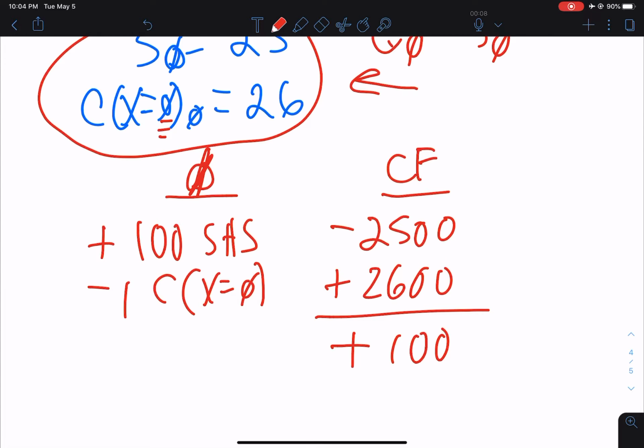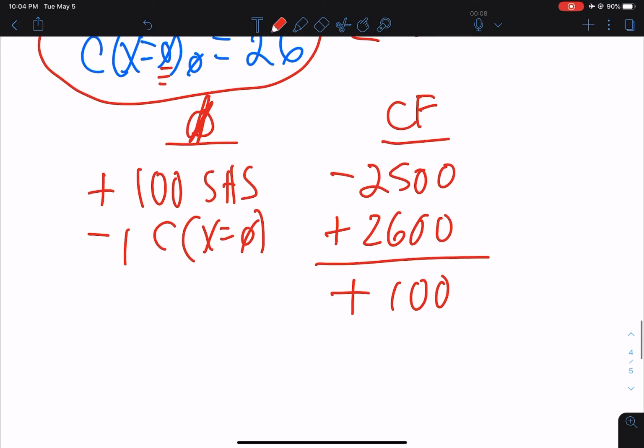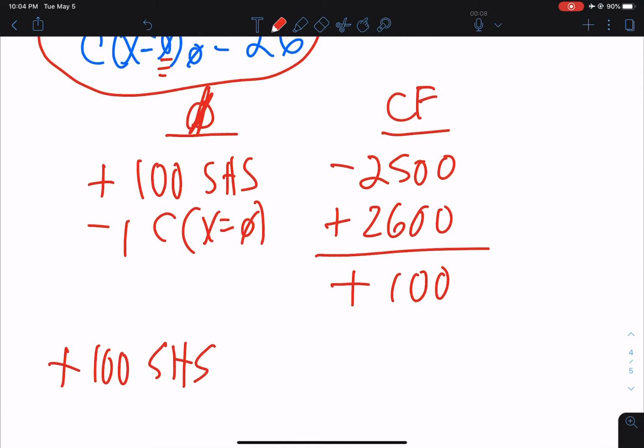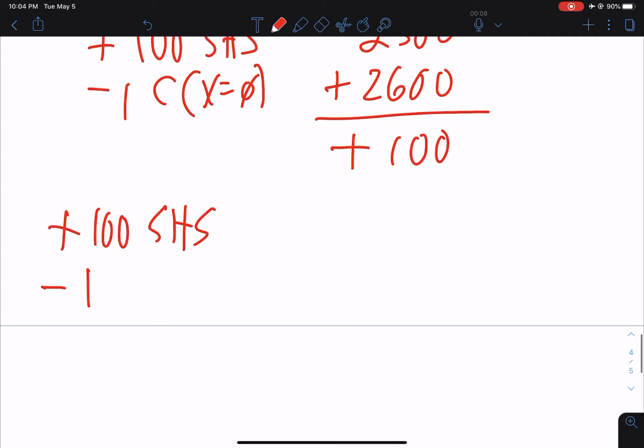Okay, you'll recognize this. This is a covered call, long stock, short a call. Okay, that's fine. Well, we've got two positions. We're long 100 shares. We're short 1 call with an exercise price of 0. Let's look at the value of these two positions at some point in time, maybe a minute before option expiration.